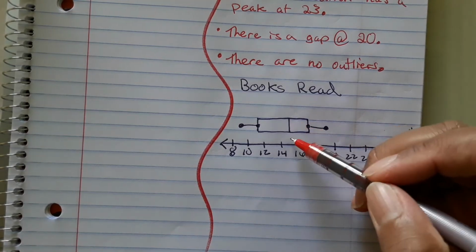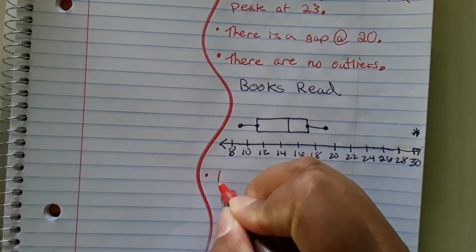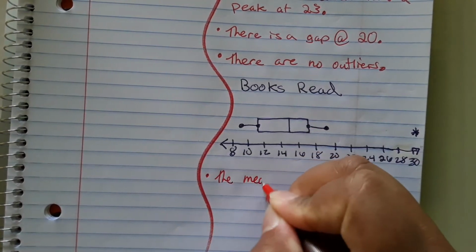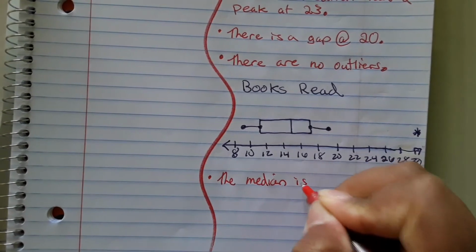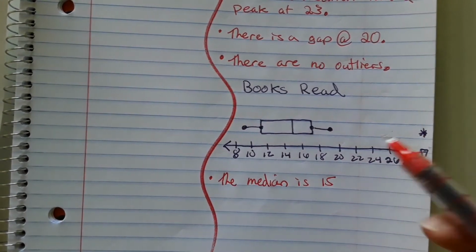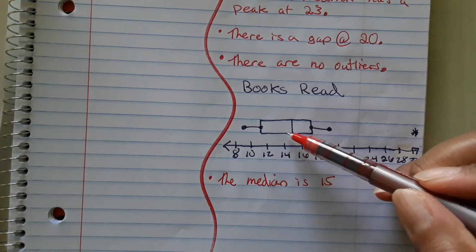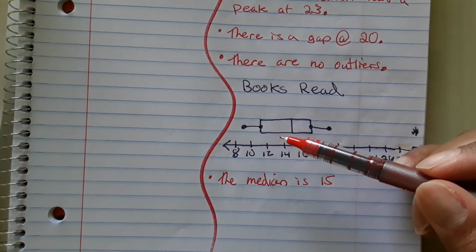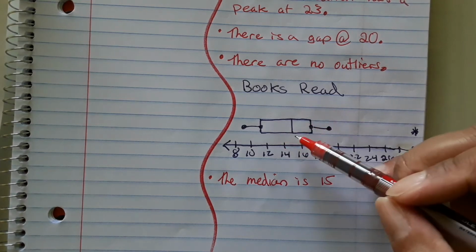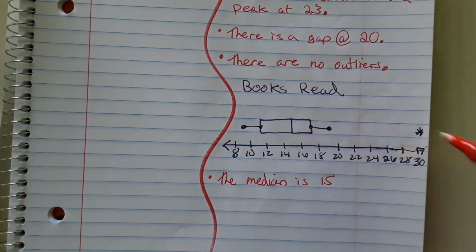So our median looks like it's at 15. Which we know at this point, it means 50% of the data is less than 15. And 50% of the data is more than 15.